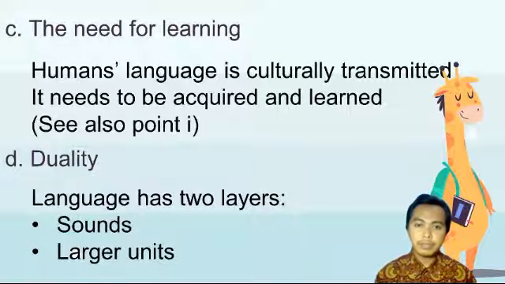A human brought up in isolation will not be able to acquire language, as shown in some studies of children brought up by animals without human contact and then brought into the human world, such as the case of Genie as well as Tarzan. Although Tarzan is a fictional character, the concept is quite correct here that there is a need to acquire and learn a language. The next one is duality.